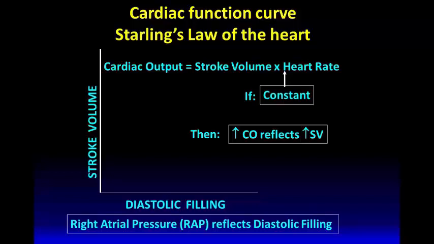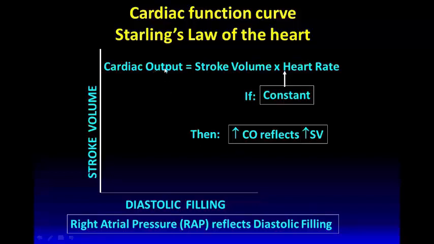It reflects filling of the right ventricle, and as you all know, the cardiac output from the right ventricle would eventually reach the left atrium and then the left ventricle, hence would also affect left ventricular cardiac output.